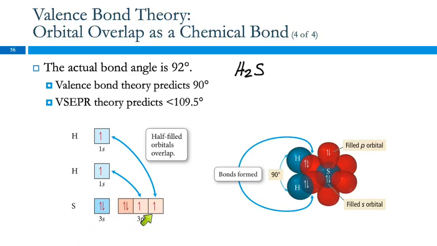Sulfur has two half-filled orbitals. And then we have two hydrogen atoms. Each hydrogen atom has a half-filled orbital. So what we can predict is that this half-filled orbital will overlap with this half-filled orbital and make a bond, and that's a hydrogen-sulfur bond. And this other orbital would overlap with the other hydrogen and make a bond.